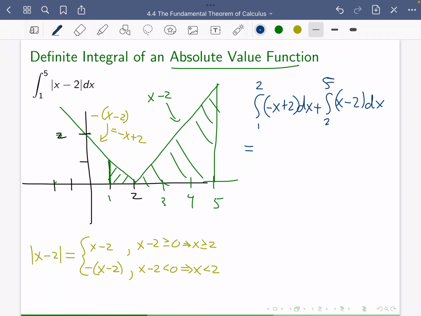And so we have negative x squared over 2 plus 2x evaluated from 1 to 2, plus x squared over 2 minus 2x evaluated from 2 to 5.